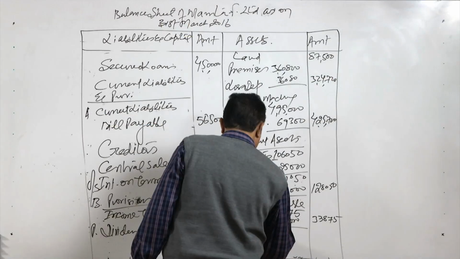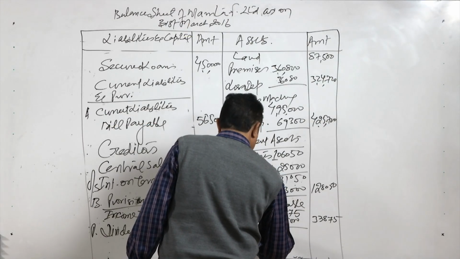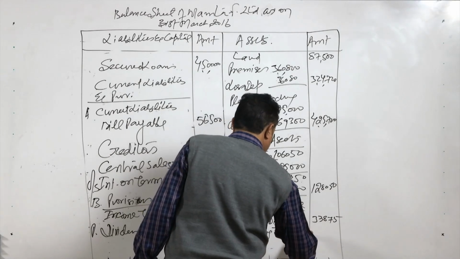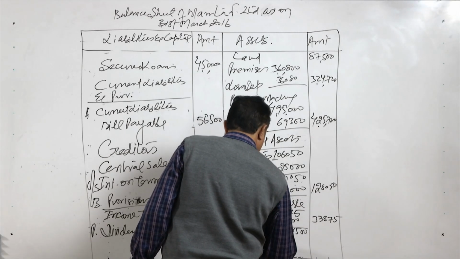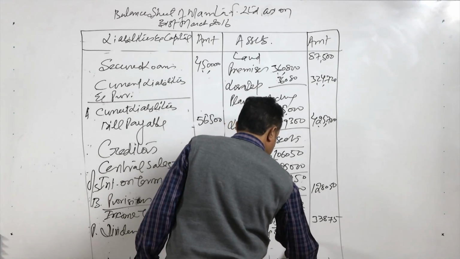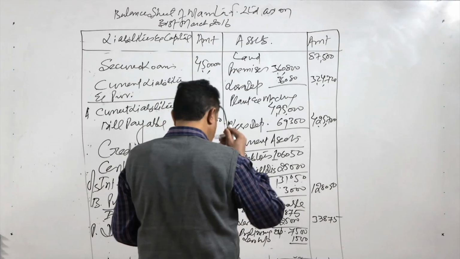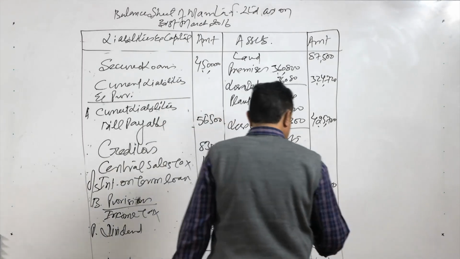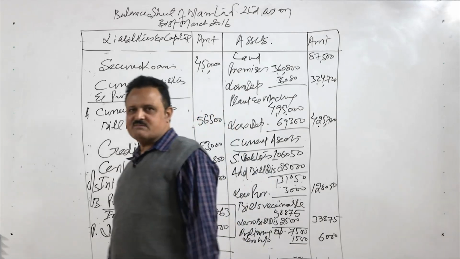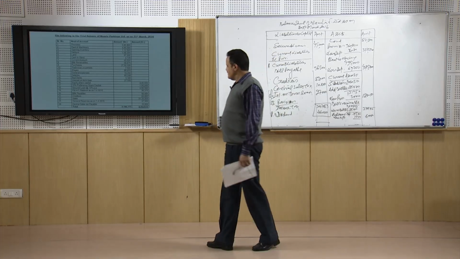The total preliminary expenses are 7,500, less written off 1,500. So we are left with 6,000 rupees worth of preliminary expenses still to be adjusted.